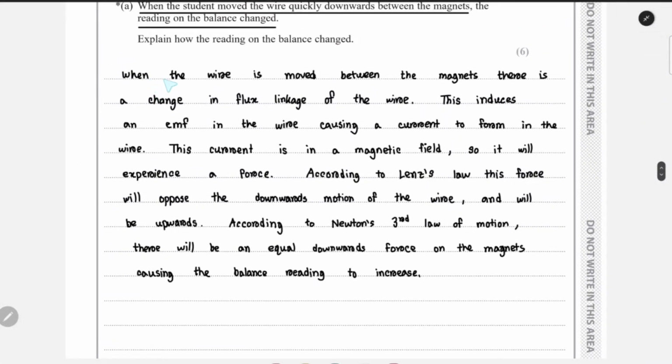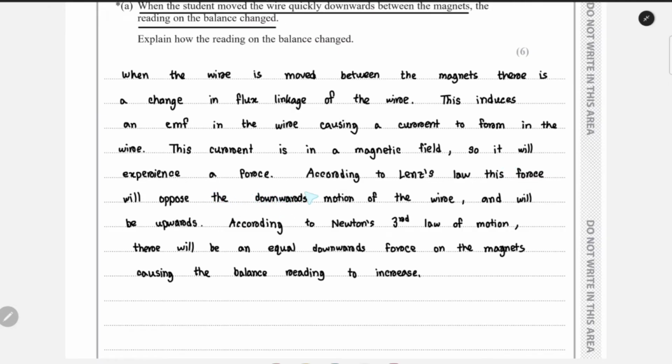We write down: when the wire is moved between the magnets, there is a change in flux linkage of the wire. This induces an EMF in the wire, causing a current to form in it. And this current is in a magnetic field, so it will experience a force according to Fleming's left hand rule. According to Lenz's law, this force will be upwards.